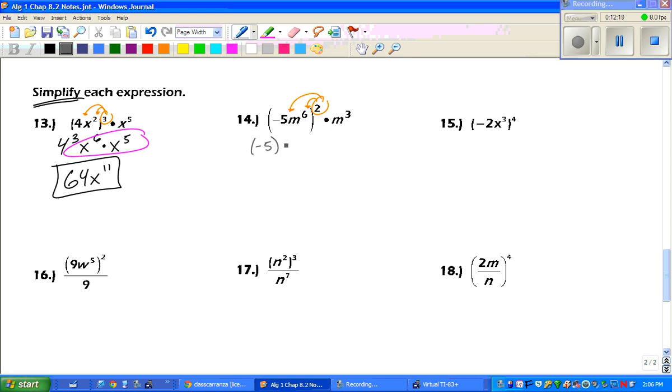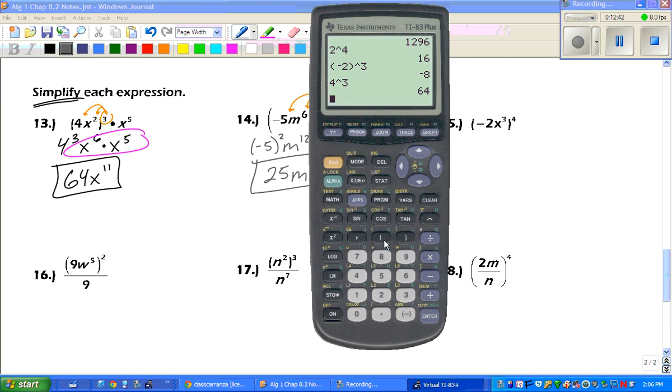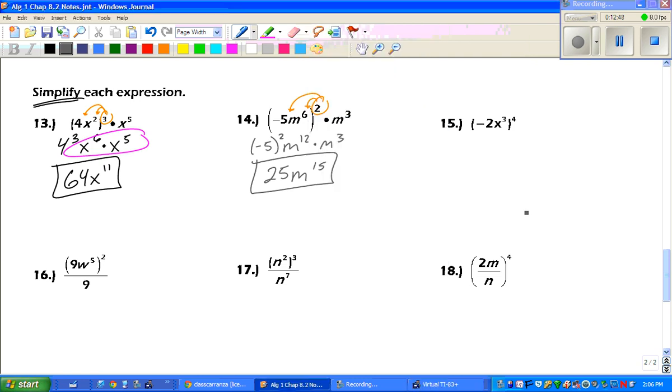Remember that -5 inside the parentheses. 6 times 2 is 12 times m to the third. -5 squared gives us a positive 25. And you add your m's, and you get m to the 15th. Okay? Remember, if you're having trouble, just type it directly into the calculator as you see it, and it'll tell you the answer.